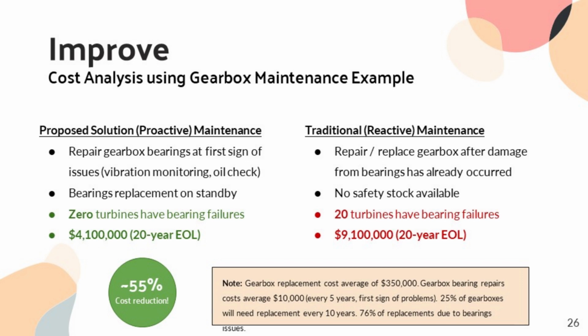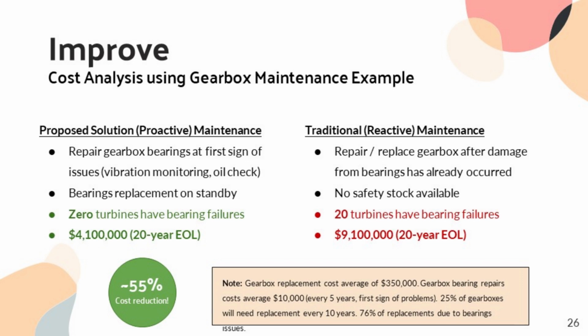And just in case the bearings need to be replaced, our proactive solution involves the master production schedule, which will allow AGL to have a new set of bearings ready to go the same day, meaning same-day repair. In AGL's case of 50 turbines, we determined that with our solution, we could potentially eliminate most gearbox-related failures versus traditional reactive maintenance, which will continue having bearing issues because the problem isn't being treated, since all they're doing is waiting until a gearbox fails before replacing it.